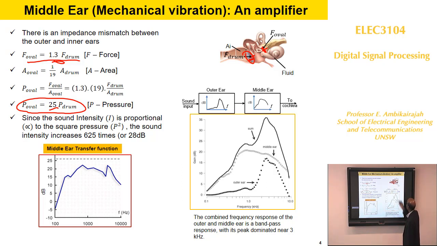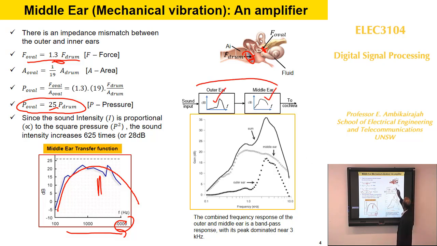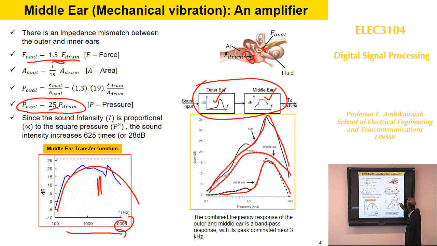So what does the middle ear look like? If you actually measure the frequency response of the middle ear, in the 10 kilohertz range, it's like a broad, low Q bandpass filter, but it doesn't select anything, there's just a slight selectivity here. If you take the outer ear and the middle ear and cascade them as two filters, the outer ear is at 3 kilohertz resonance, the middle ear is more broad, and if you combine them, you get something like this.